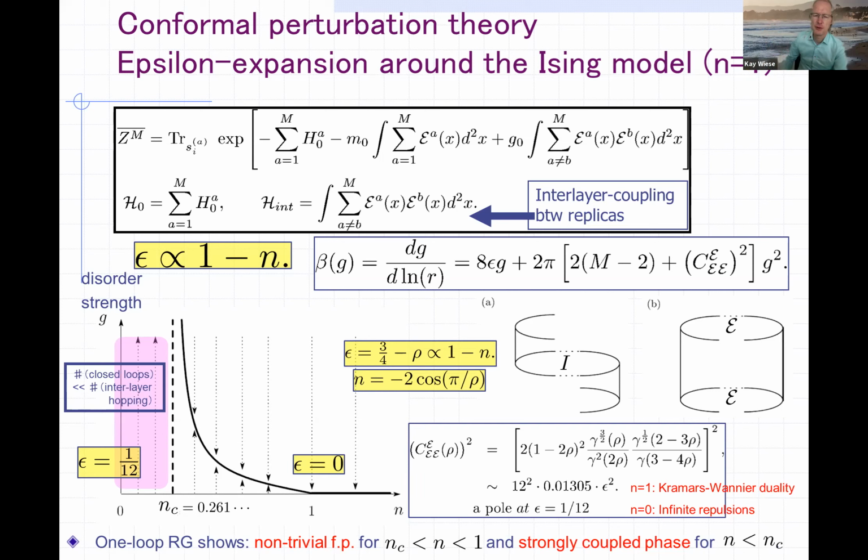I'm confused at what you're doing, because if you look at self-avoiding polymers, the coupling is repulsive. If you look at the disordered system, the coupling is attractive. So what are you talking about? Loop-erased random walk is repulsive. The disordered system at n equals 0 is attractive. So what is the sign of your G0? Yeah, so G0 is now positive, I think.